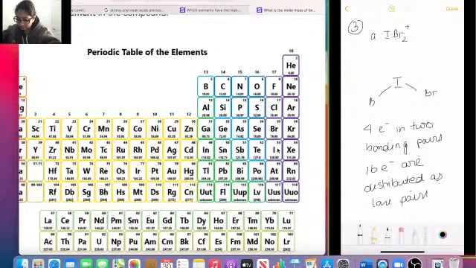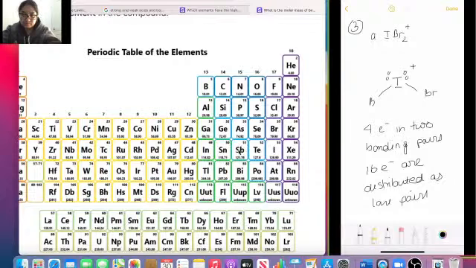So it's gonna form 1 bond, but since we have 2 here, it's sharing 2, and so it's gonna have a full octet right here. Since it has 2 bonds, it's gonna have a positive charge.